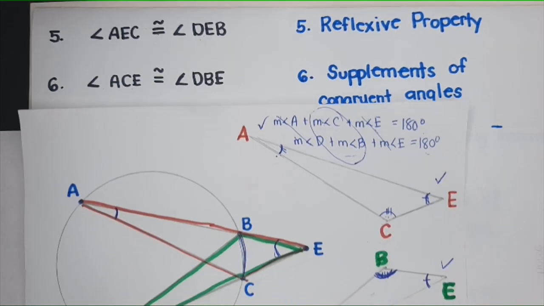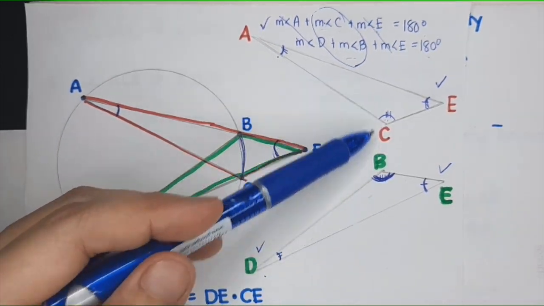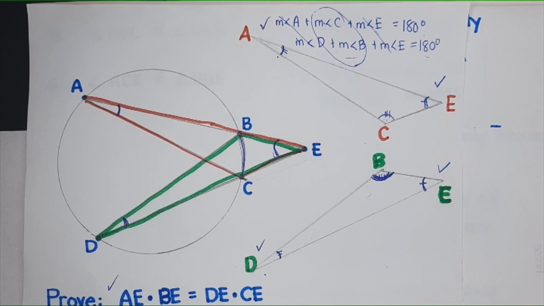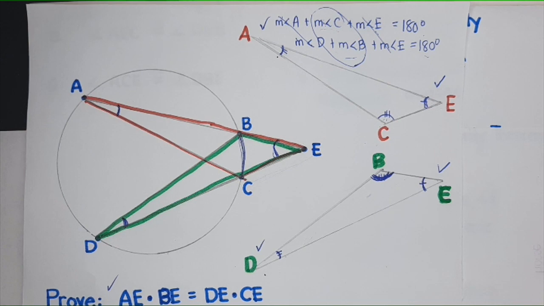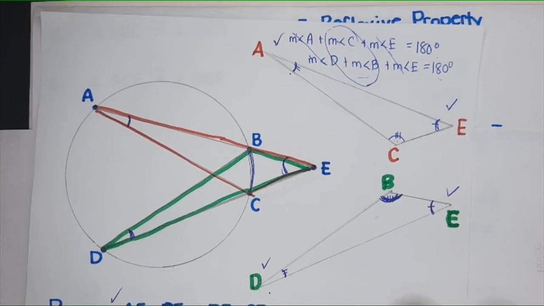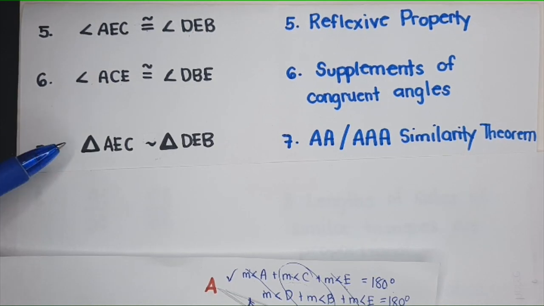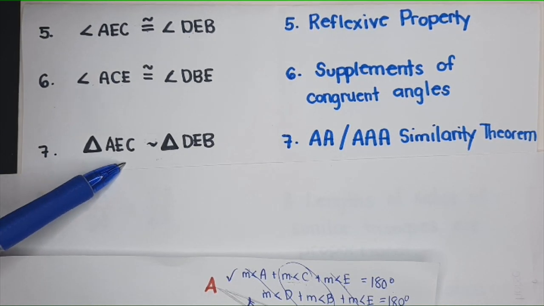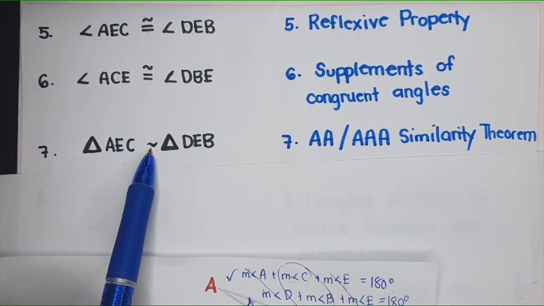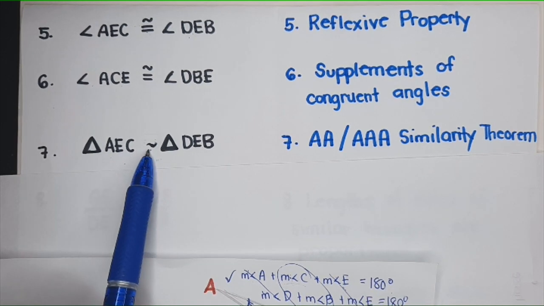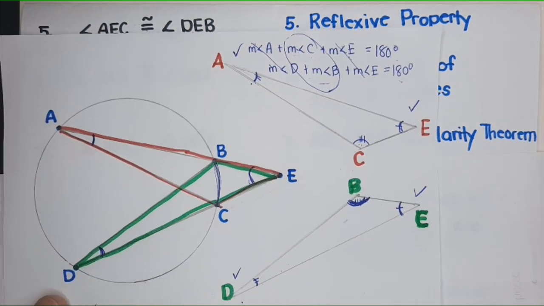Now, we're able to prove that all the corresponding angles of these two triangles are congruent. So, therefore, these two triangles are similar. This is how we write it. That is going to be our seventh statement. Triangle AEC is similar, that's how we write the similarity symbol, to triangle DEB, which is exactly our two triangles here.